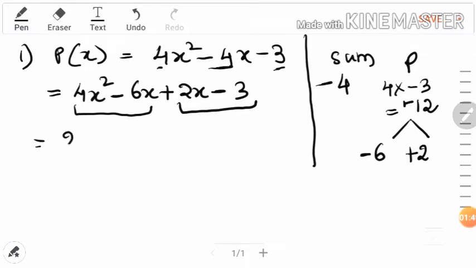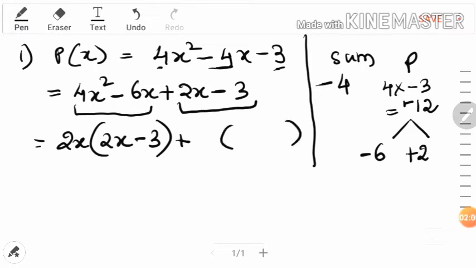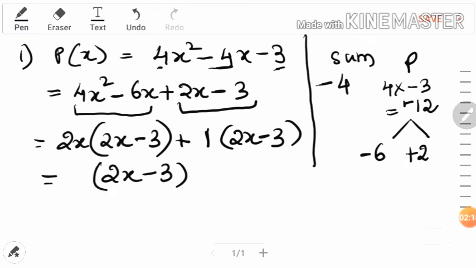So from the first two terms, 2x is common. 2x minus 3 is left in the bracket, plus, now the second bracket also should contain the same numbers as the first bracket, so 2x minus 3. What common will you take so that you get 2x minus 3 from the remaining two numbers? 1. Now this can be written as 2x minus 3 into 2x plus 1.